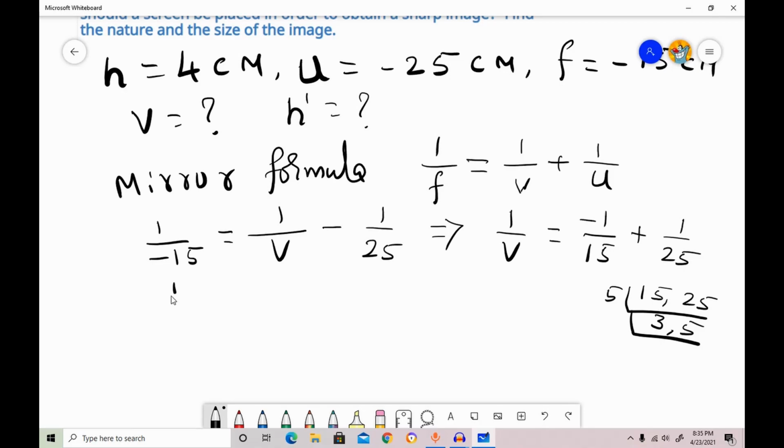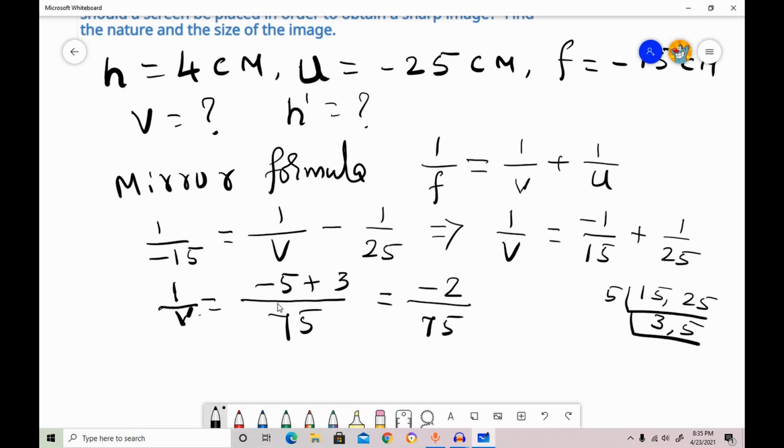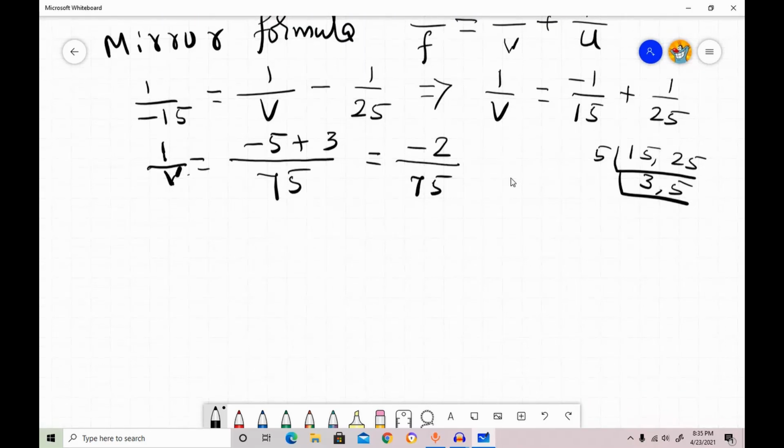So write 1 by v equals minus 5 plus 3 over 75, that is minus 2 divided by 75.